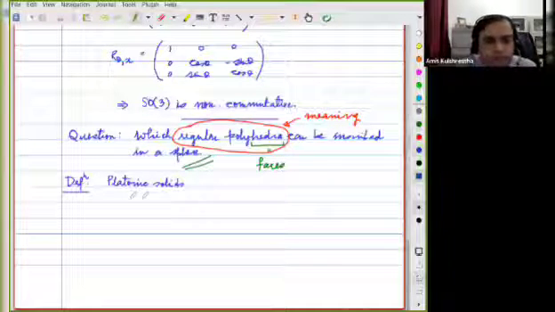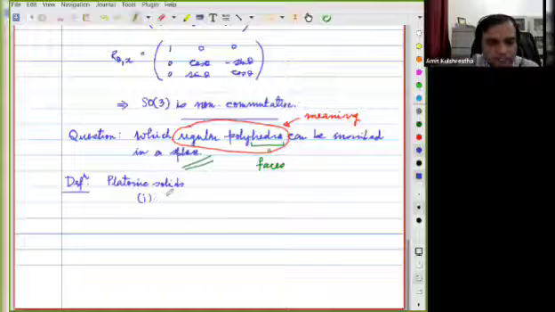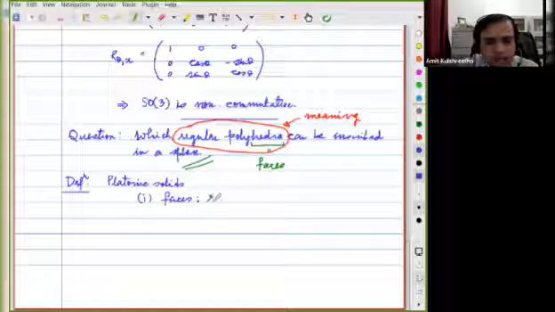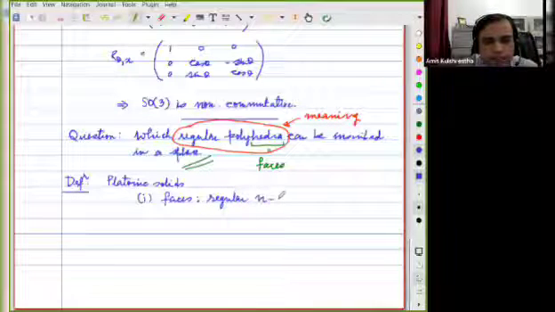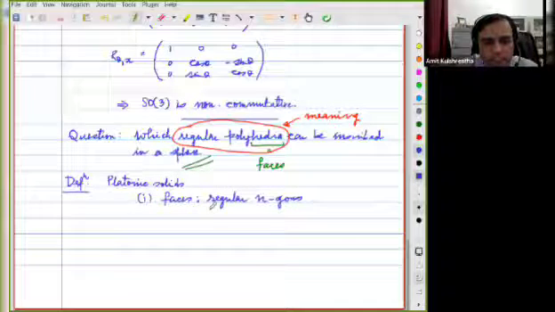Rather than writing too much, I'll just say that their faces are regular n-gons, and all faces are congruent.